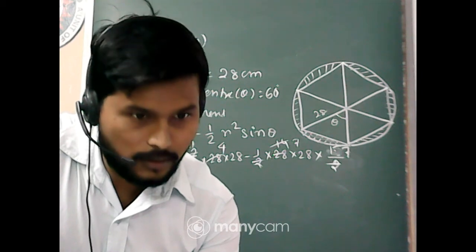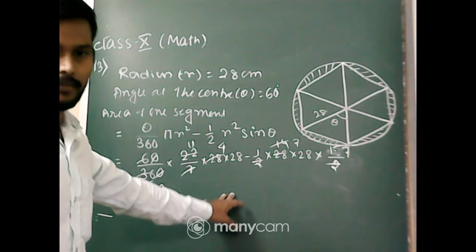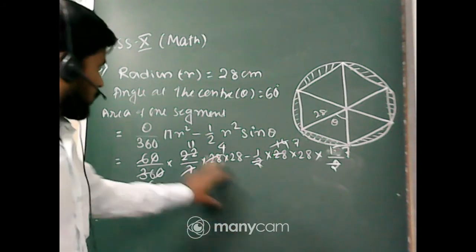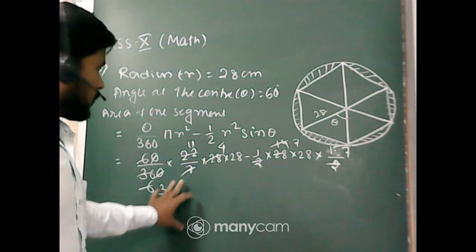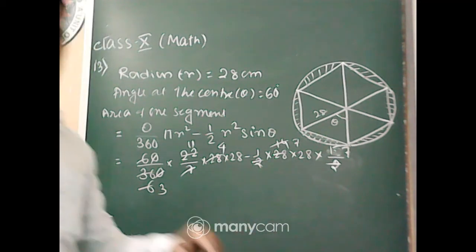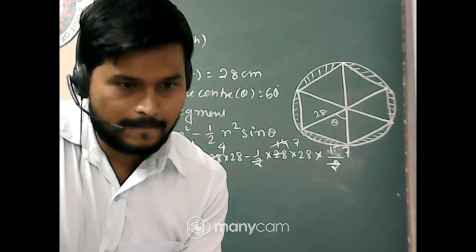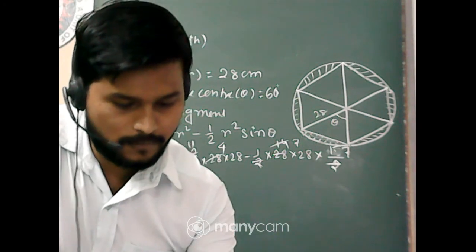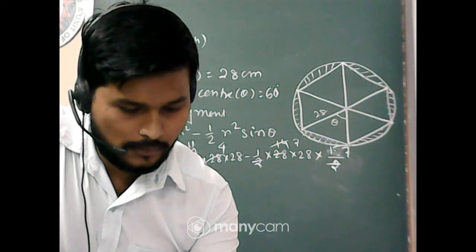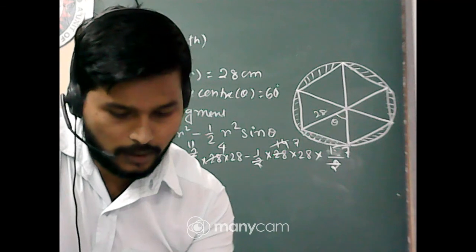Or can you go to the next question? I know you can solve this one. Just find the result of this and then multiply with 6 into 0.35. Okay, can I go to the next question?